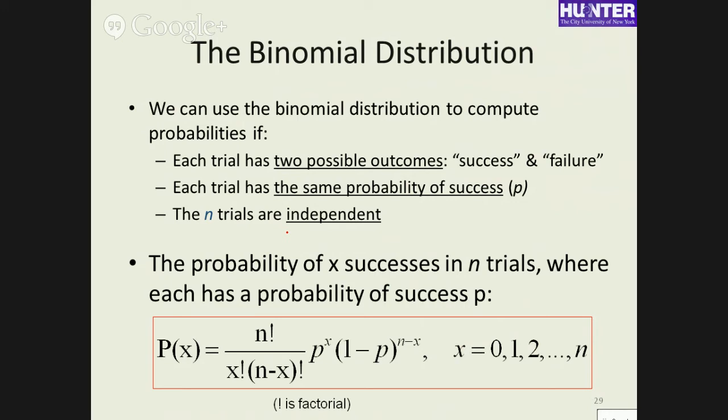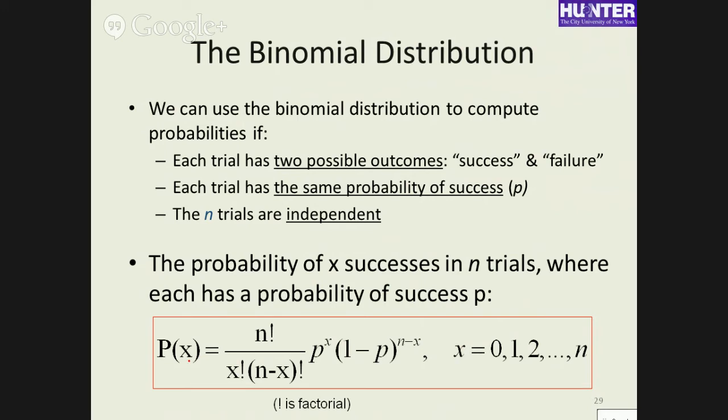And if that is the case, then our probability of X successes in N trials, and we use the word successes even though not in all cases do we really have such a thing as a success and a failure. But that is the terminology of Bernoulli trials. This is the probability of exactly X successes in N trials.